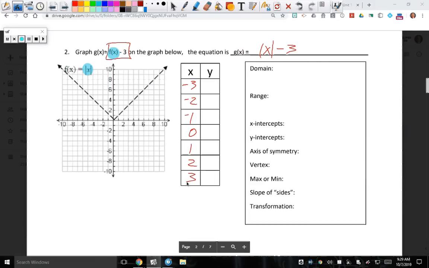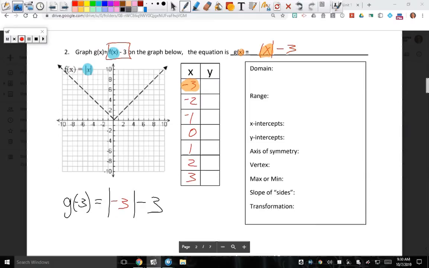Alright. So if I put a -3 into my g of x function, everywhere where x is located, what I'm really doing when I plug in -3 is it looks like this. Let me build the function. Remember when we did function notation and compositions?